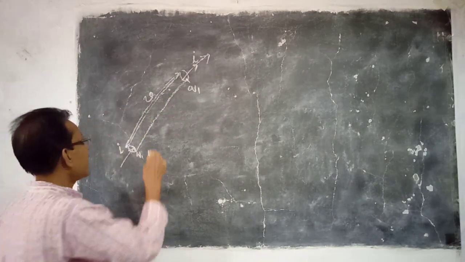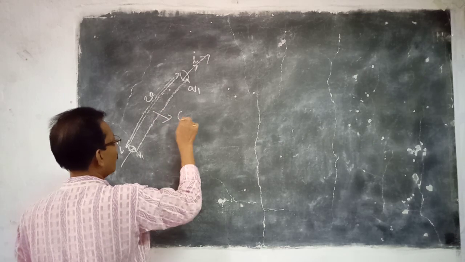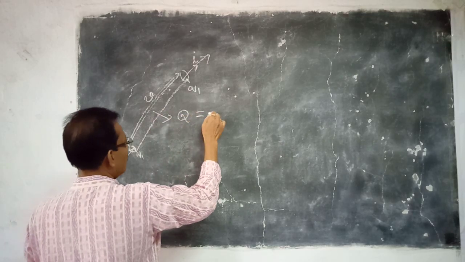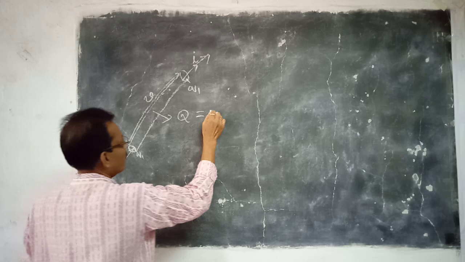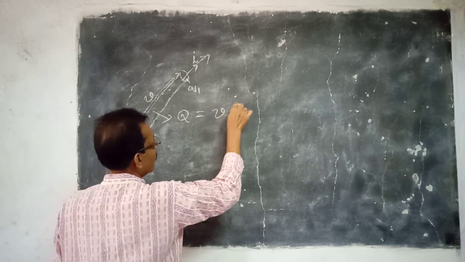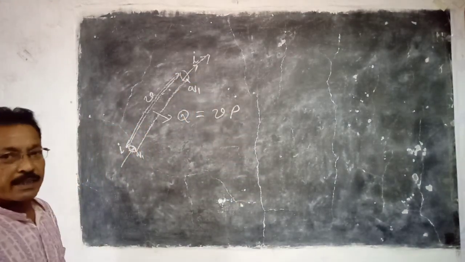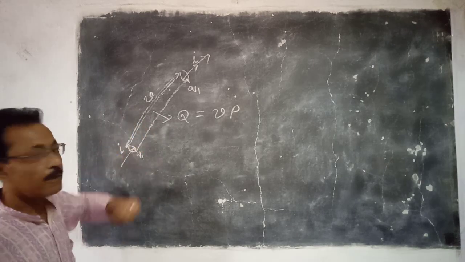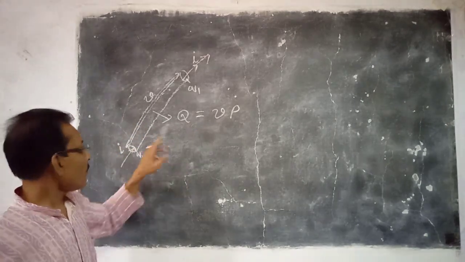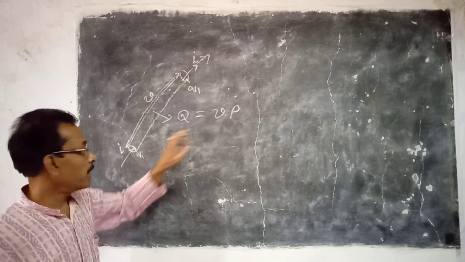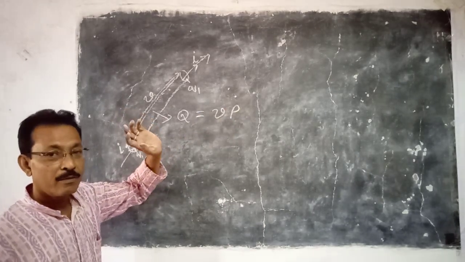So what is the total charge here, Q? That is equal to v into rho. Rho is the charge density here within this cylinder. Because its cross section is unity, its volume is this multiplied by the charge density.